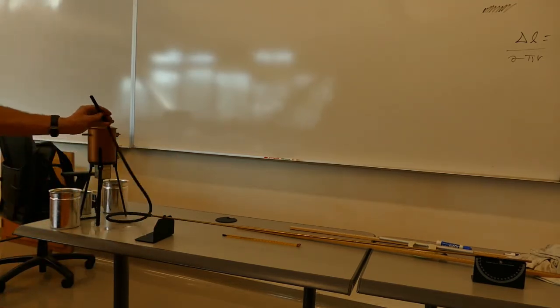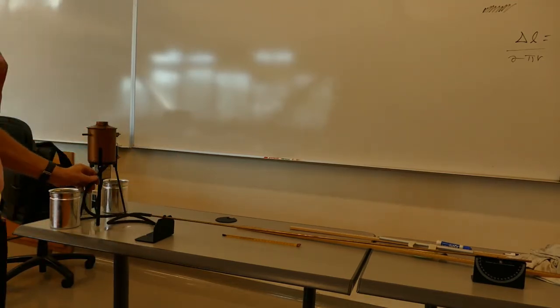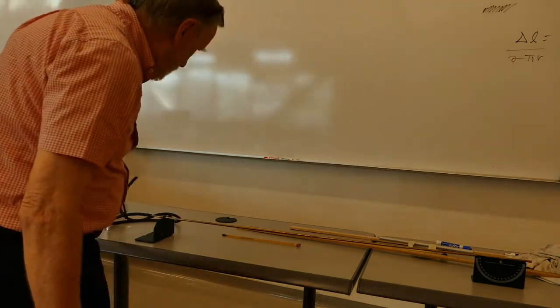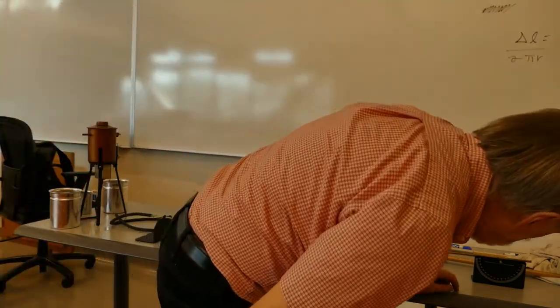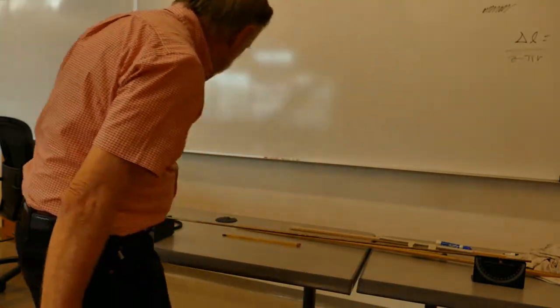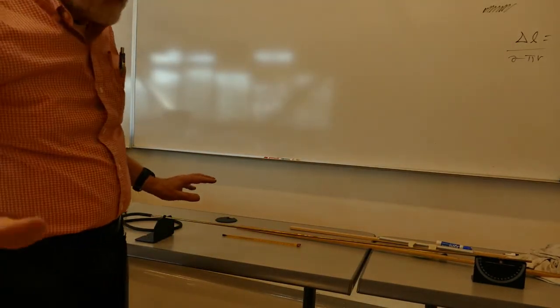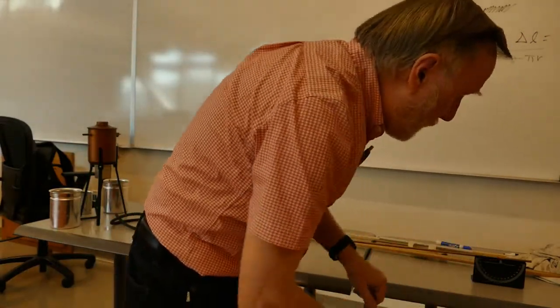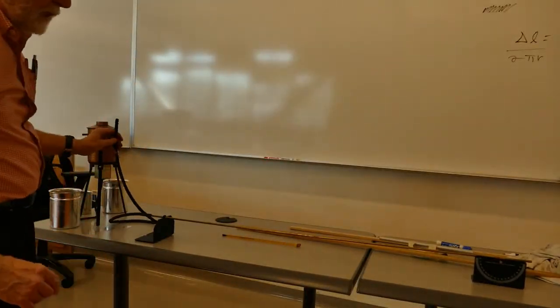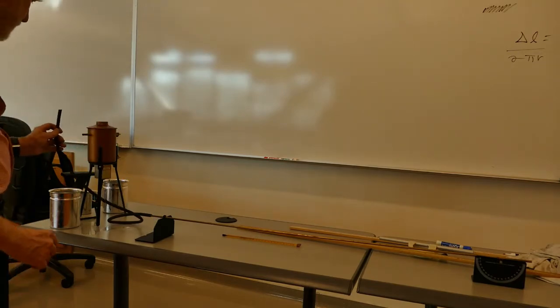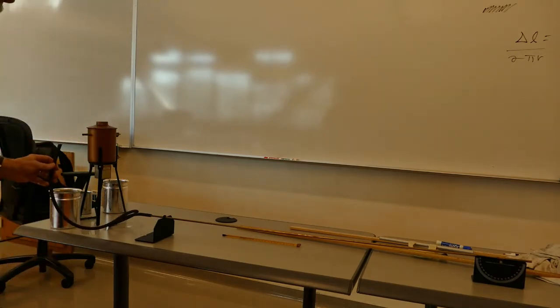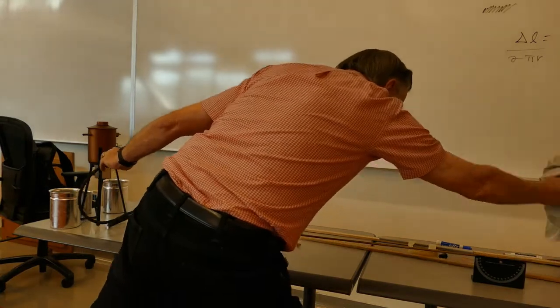The tricky thing is, I would like you to be able to see that expansion. So as soon as I plug the hose into the boiler, there's steam coming out of the boiler here. I'm going to try to get the camera as quickly as possible onto the pointer so you can actually see it expand. It goes pretty fast. I don't know if I can do it that quickly, but let's give it a try.